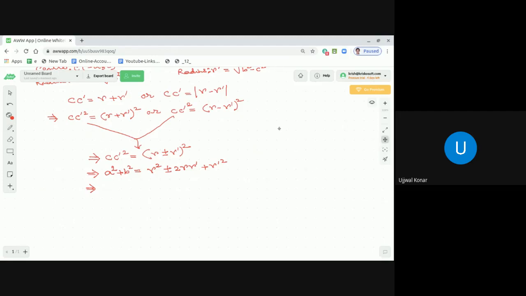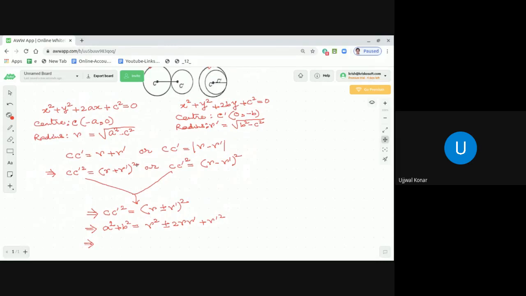So c dash, you understood why it is a square plus b square, and here let's write a square plus b square is equal to r square, which is a square minus c square, plus minus 2 into square root of a square minus c square into square root of b square minus c square, plus r dash square. R dash square is b square minus c square.